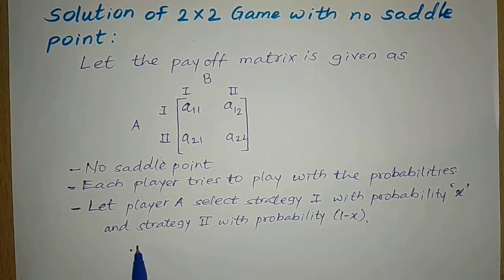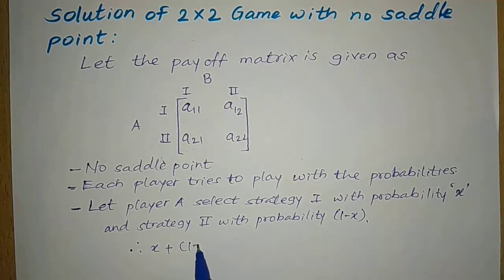So we know that the sum of probabilities, that is x plus 1 minus x, for player A should be 1, as we know that if there are many possibilities for a player, then the sum of probabilities should be 1.